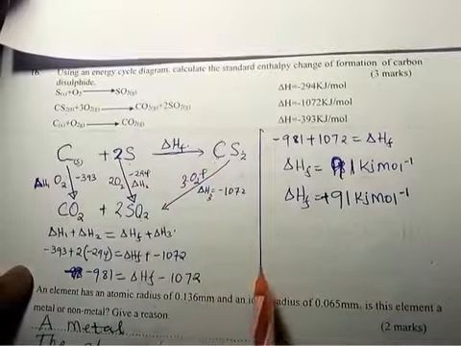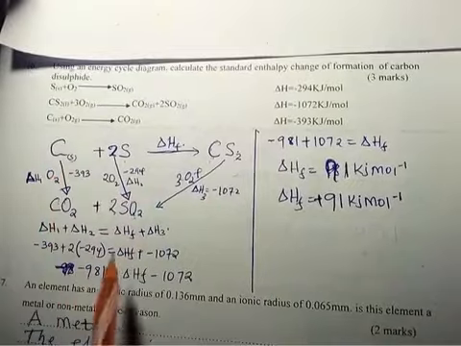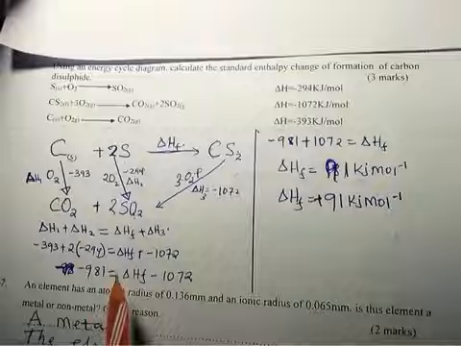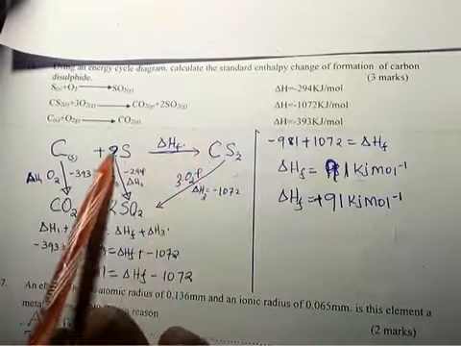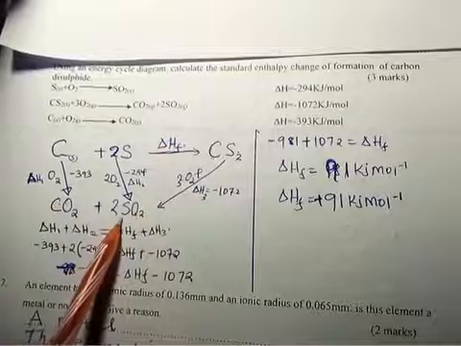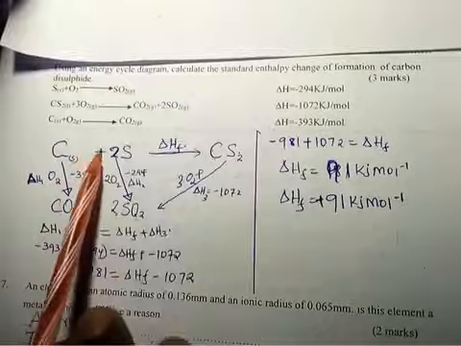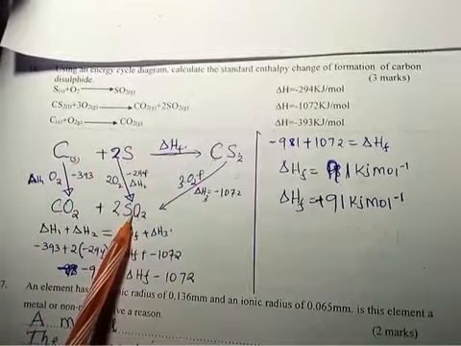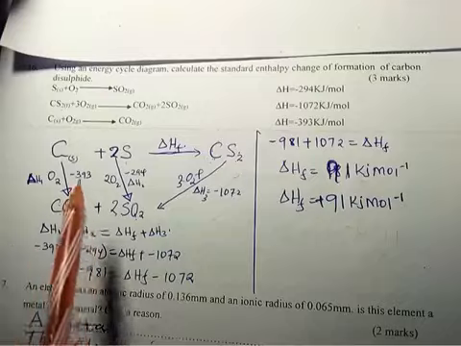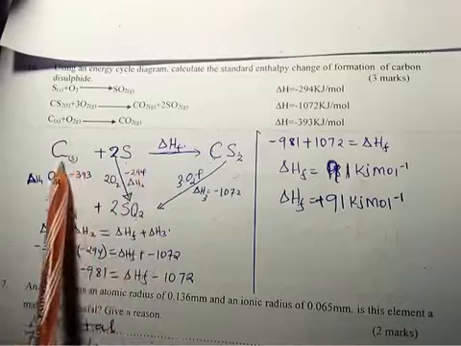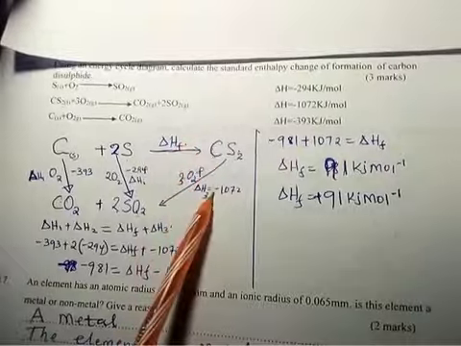But we know from Hess's law of constant heat summation that this one is the direct route and this is the indirect route of getting this. Hess's law states that the energy change in converting reactants into products is the same regardless of the route.